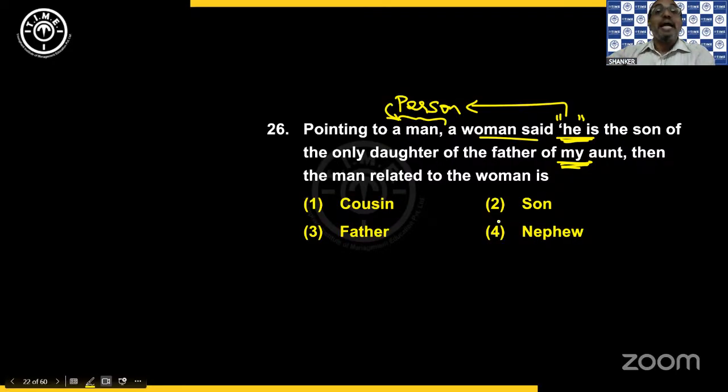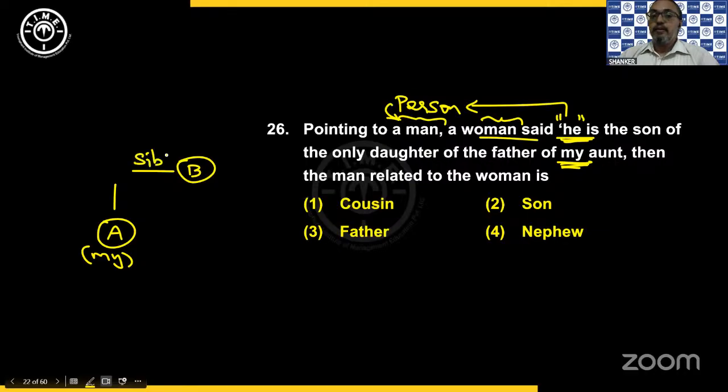She says my aunt. So my is that woman. Let me call that my as A, that's a female. This is my aunt. Aunt means parent's sister. Let me call that aunt as B. I don't know if it is father's sister or mother's sister.